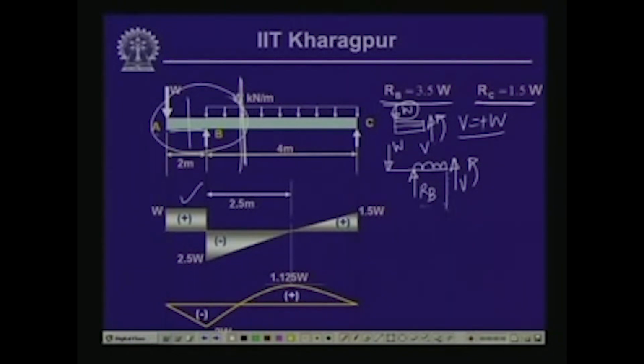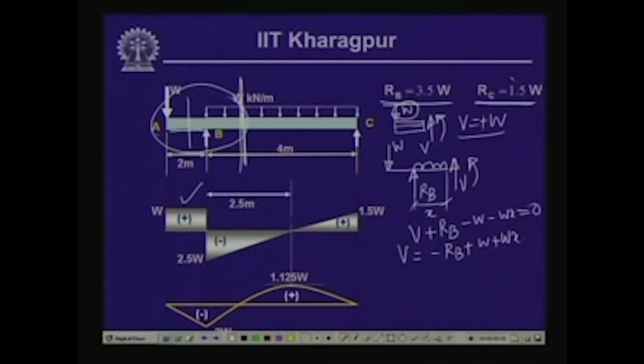Let us call this particular distance X. So, V plus RB minus W into X is equal to 0. So, V is equal to minus RB plus W into X.